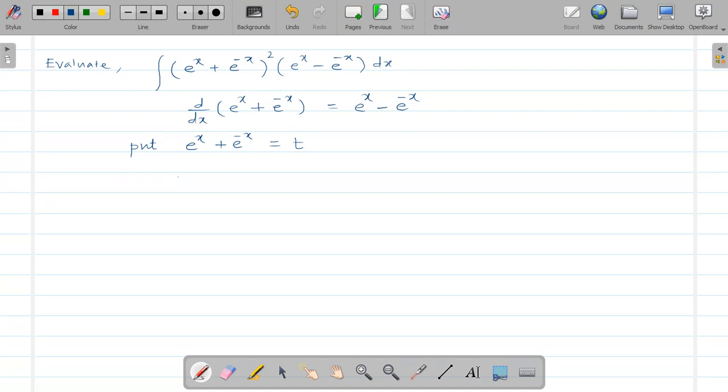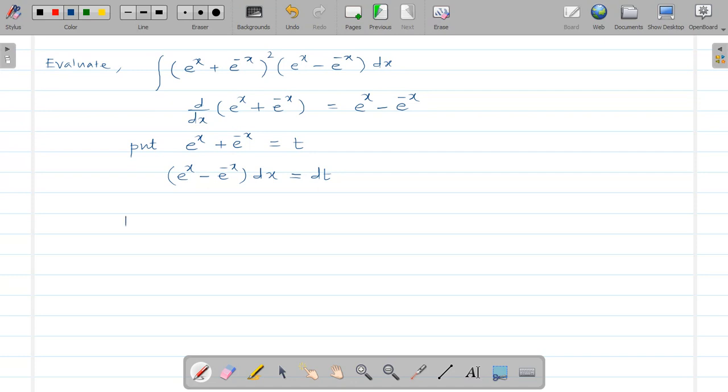After taking the derivative, we will get (e raised to x minus e raised to minus x) dx equal to dt.